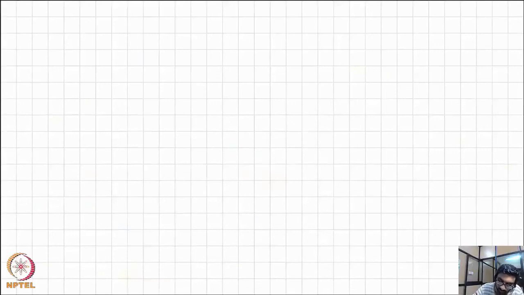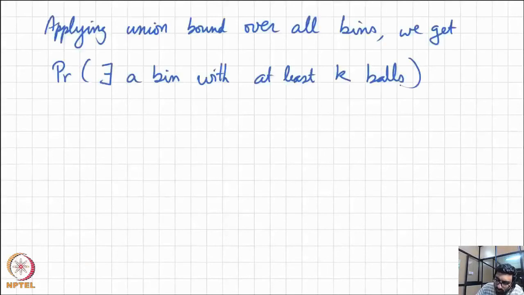So far we've only focused on bin 0, but if we want to include all the bins, we simply apply a union bound over all the bins. And so we get the probability that there exists a bin with at least k balls is at most n times (e over k) whole raised to the power k.